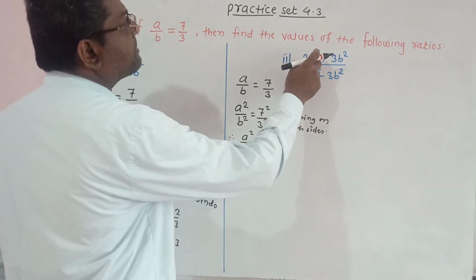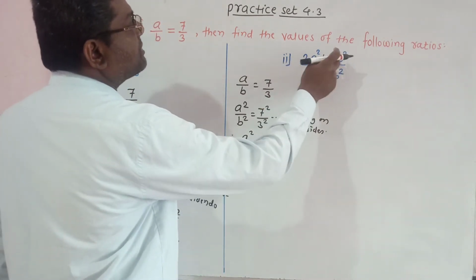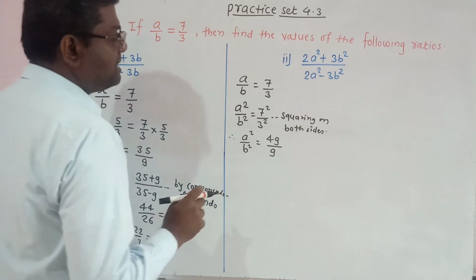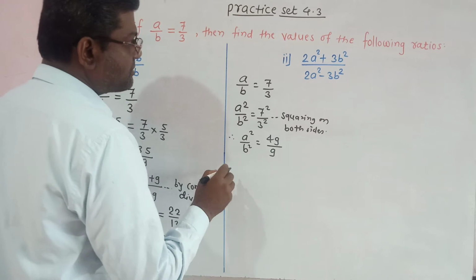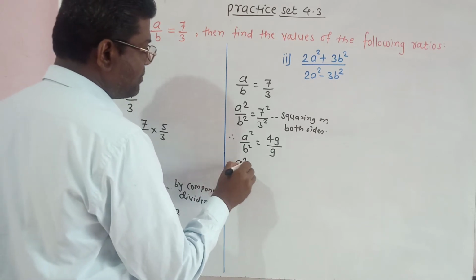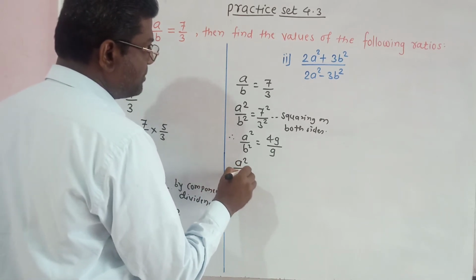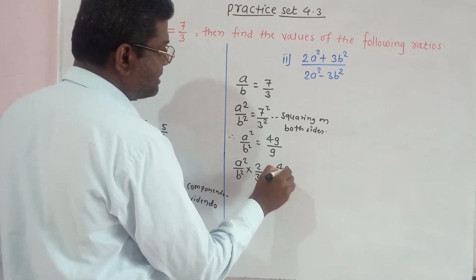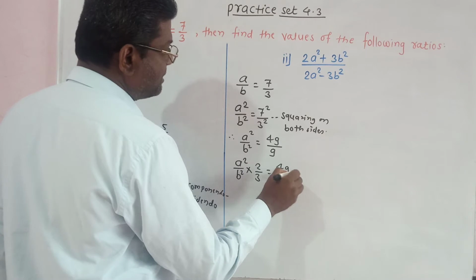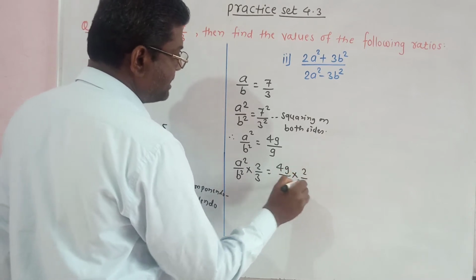Now the coefficient of A square is 2 and the coefficient of B square is 3. Therefore we have to multiply this A square by 2 and this B square by 3. Therefore we multiply both sides by 2 upon 3, is equal to 49 upon 9 into 2 upon 3.